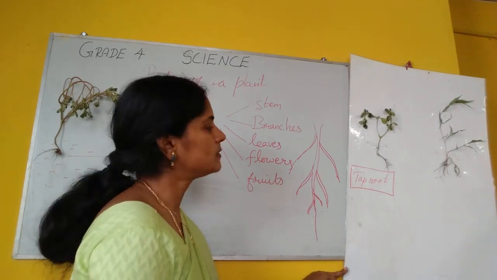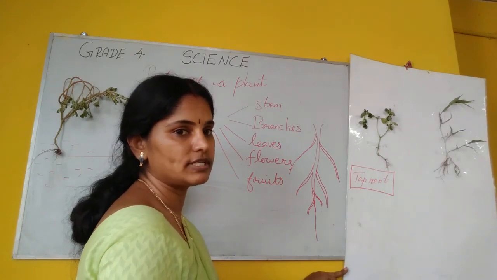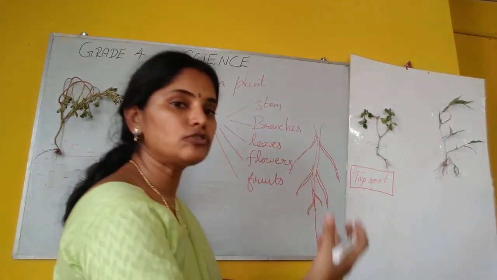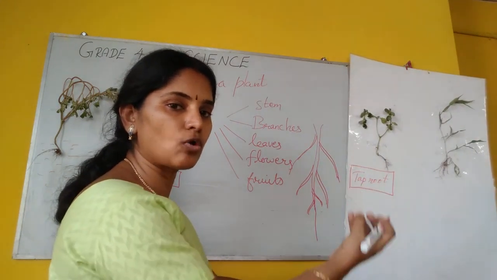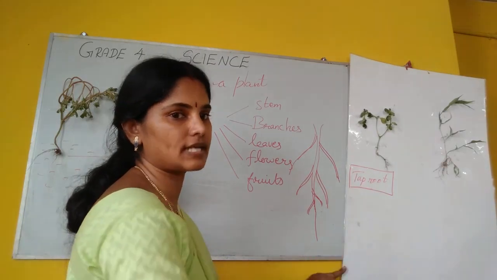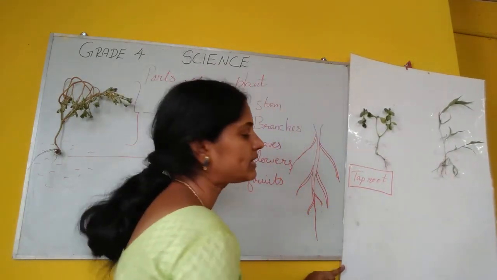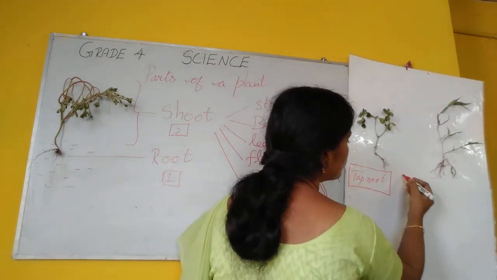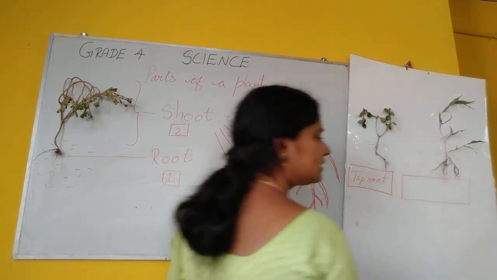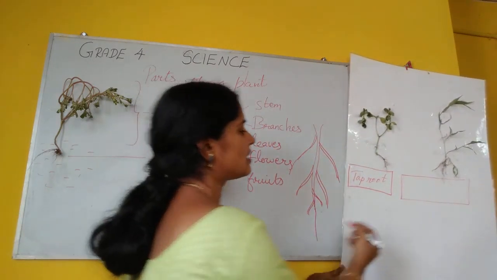Clear? Here is another kind of root we see. A bunch of roots are coming out from the end of the stem. So we call this kind of root what?